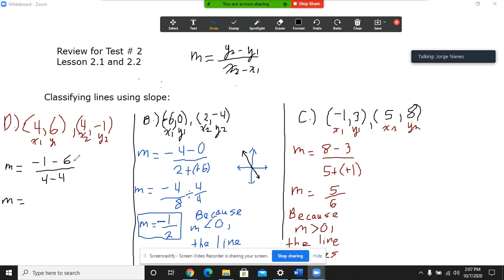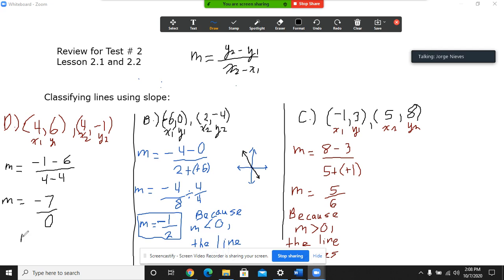So negative and negative, we're going to add them in the top or in the numerator. But in the denominator, that is the bottom part, la parte de abajo, 4 minus 4 is 0. So we're going to see very clear that this is going to be undefined because we cannot solve this. If you put this on the calculator, you're going to have an error, ¿verdad? Hasta ahí usted puede verificarlo.